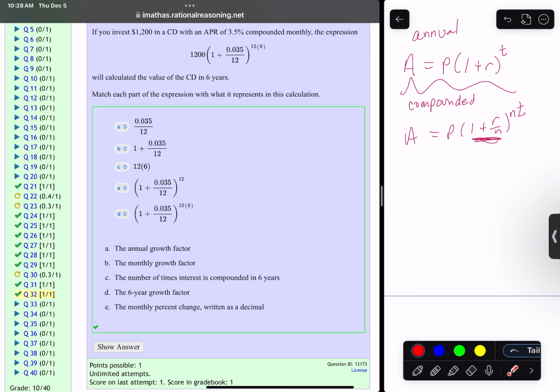If you take this whole thing to the nth power, that's what we see in A. That's your annual growth factor. And then if you do it to the time that they say, that is the growth factor for that time, that 6-year growth factor. And that 12 times 6 is that nt. That nt is the number of times that your interest compounds in however many years.